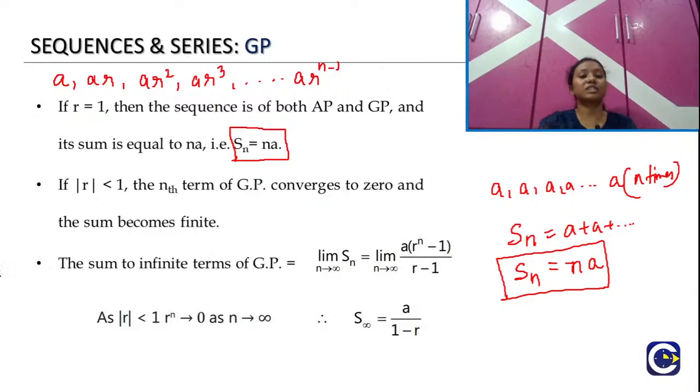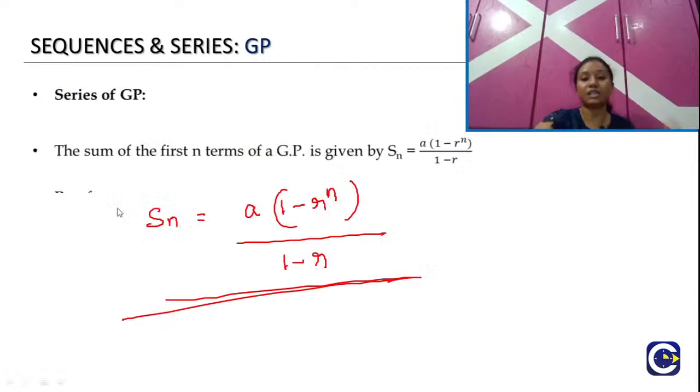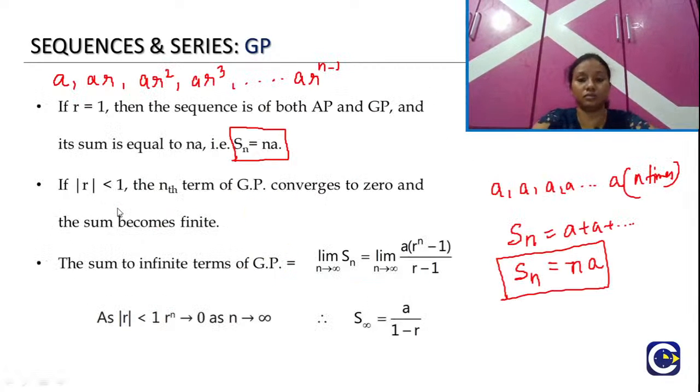Right. So the next case that we are going to discuss is when r is less than 1, that means our common ratio is less than 1. So what happens when r is less than 1? For suppose, let me take 0.01, which is less than 1. This is my r value.